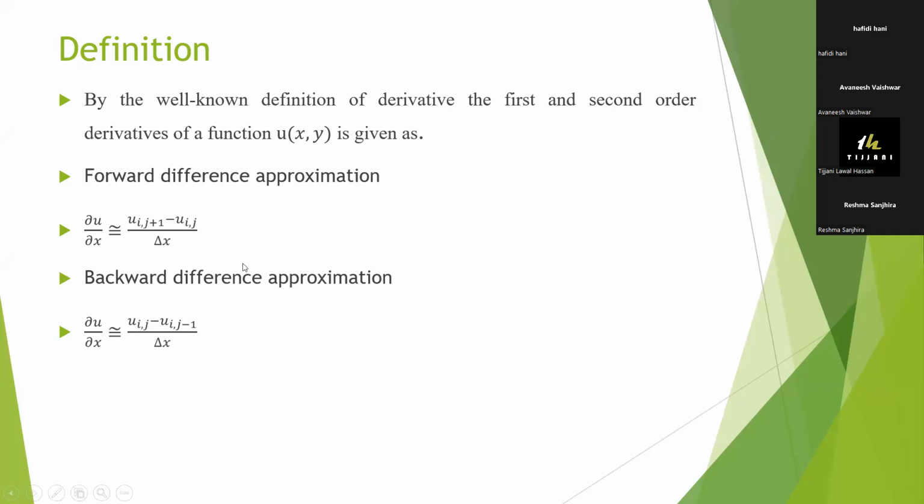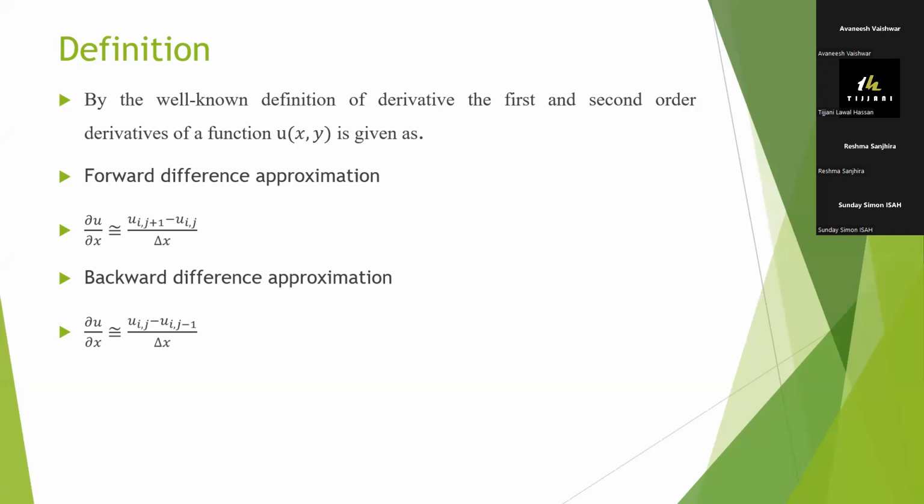The backward difference approximation for the same first order derivative we can just write. Here we are taking the initial point minus just one point before that point, that is the preceding point. So this is the backward difference. I hope all of you are familiar with the definition, but for my presentation purpose, I remind you of these things so that it will be easy for you to construct the MATLAB program.